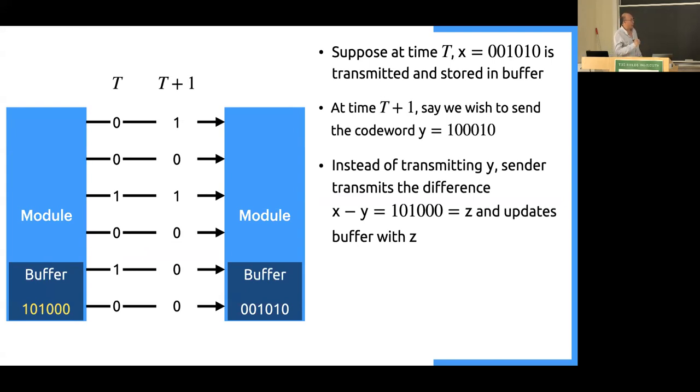The difference between x and y is 101000, and we send that across instead. Once the sender sends that difference across, it updates its buffer with what it has just sent across.